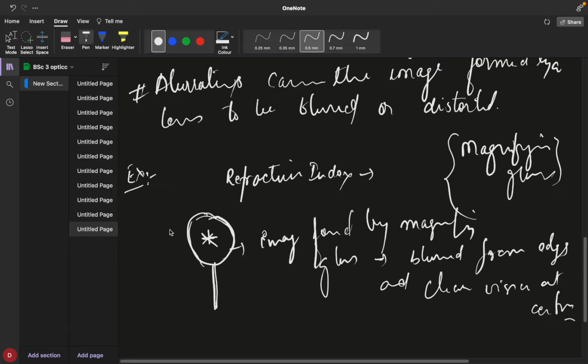Our magnifying glass blurs the image. This property is known as aberration.